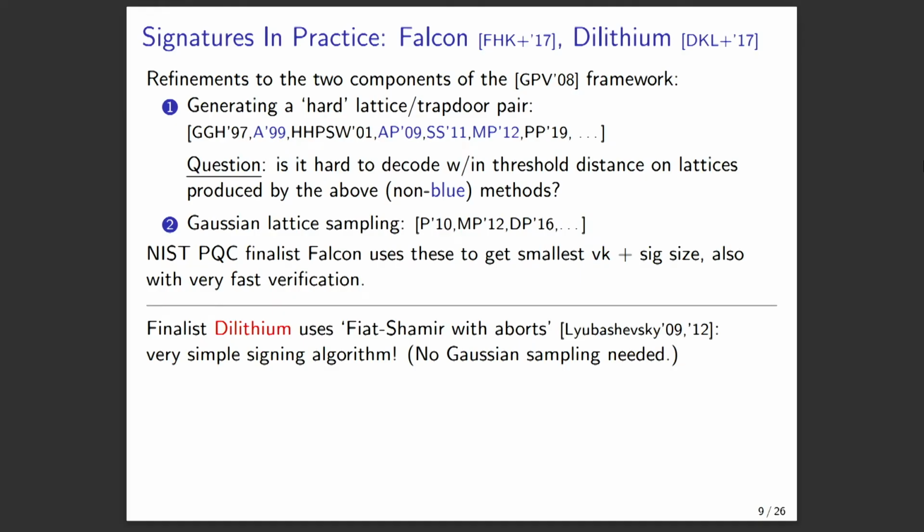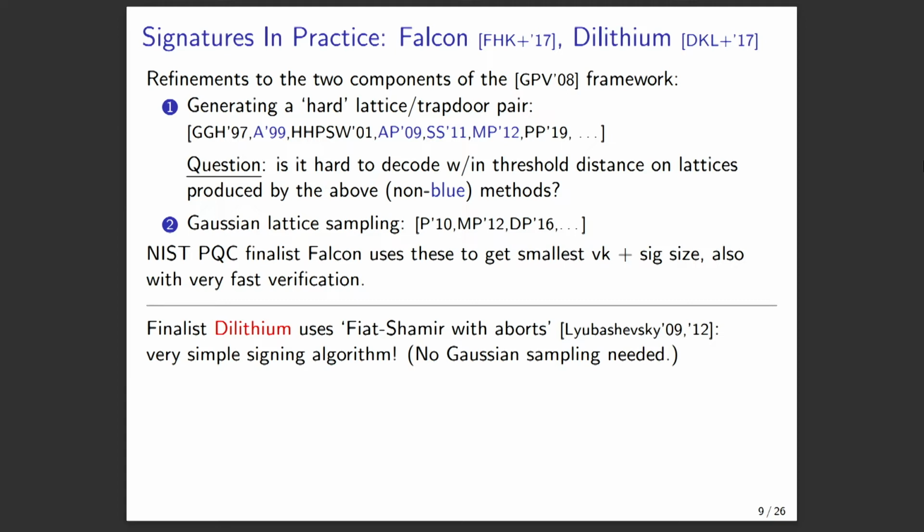And then Dilithium, I shouldn't say finalist anymore. I should say selection. OK, that's out of date. This uses a kind of different approach that Lyubashevsky initiated called Fiat-Shamir with aborts. It has the same kind of ultimate goal, which is to be able to sign without leaking secret key information.